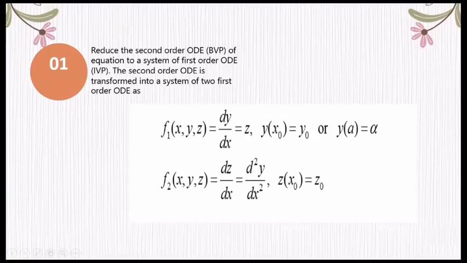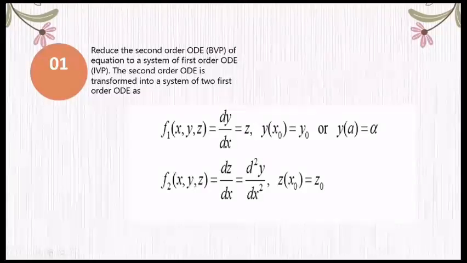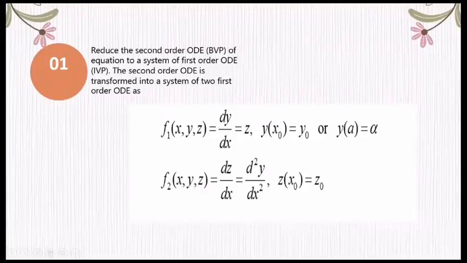So, in this presentation, as you can see here in the PowerPoint, I will explain to you the steps on how to solve the shooting method. This is the equation of the second order ODE transformed into a system of two first order ODEs.